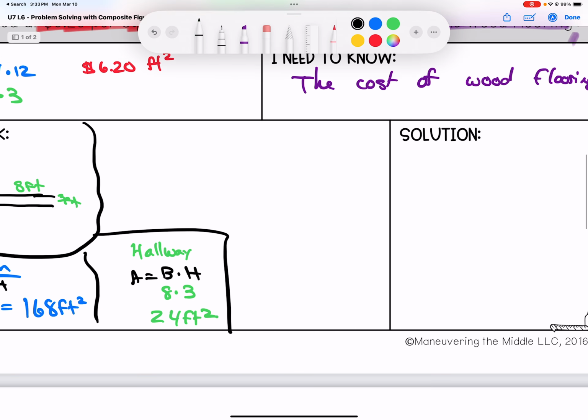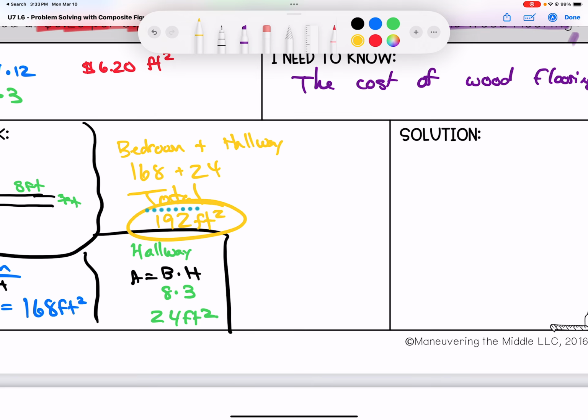All right, so then you have, let's do this in yellow, bedroom plus hallway, which is 168 plus 24 equals total 192 feet squared. Okay.